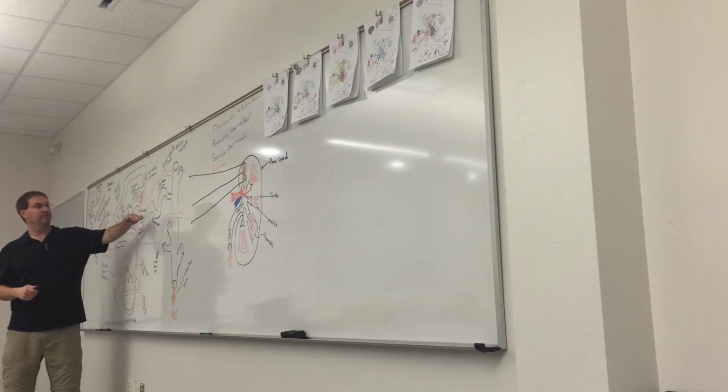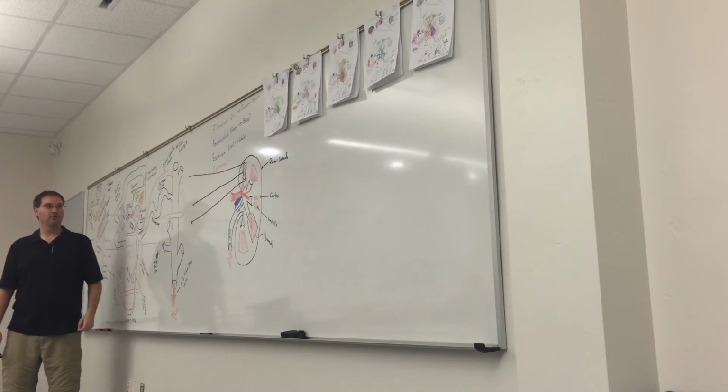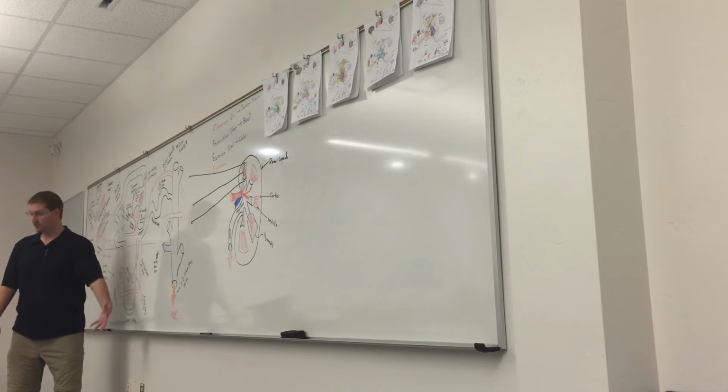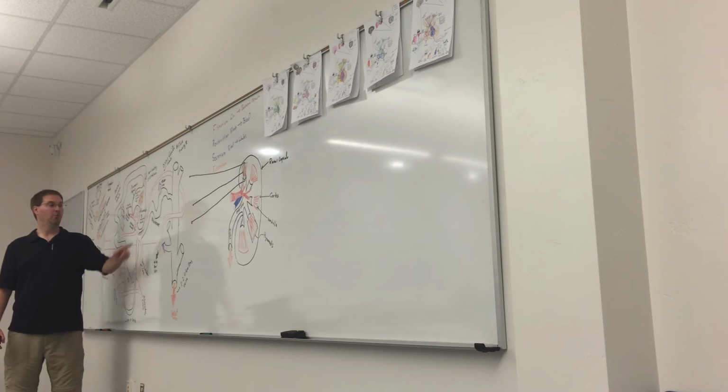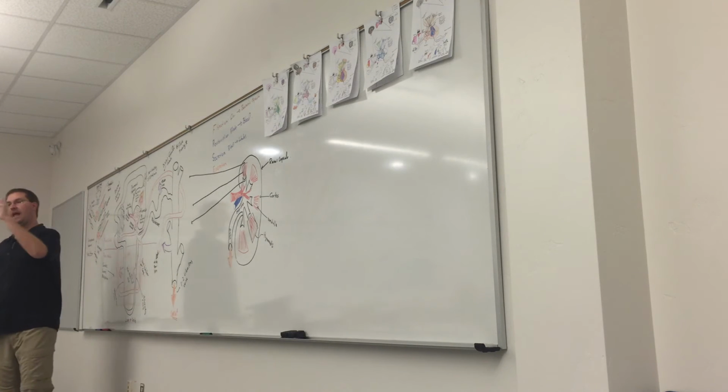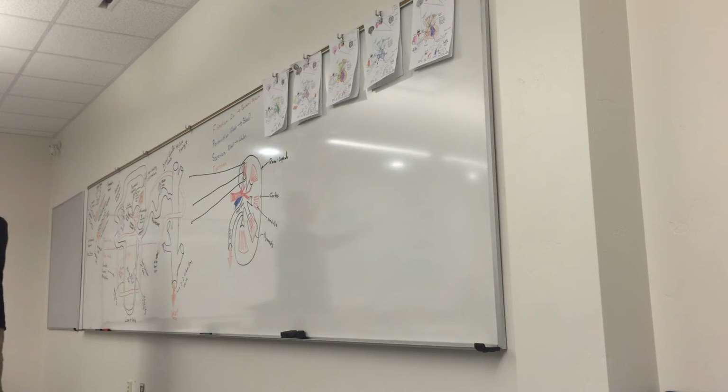So if there's a lot of aldosterone, what is that going to do to the reabsorption? It's going to boost the reabsorption of sodium. It's going to cause us to reabsorb more, because remember, renin-angiotensin-aldosterone.